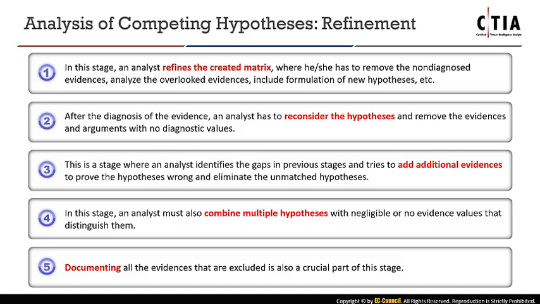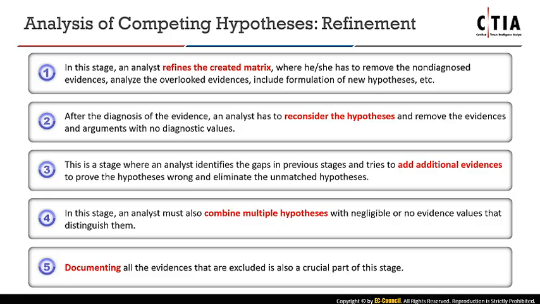So again, we're going through a sifting to get rid of hypotheses that are not going to be working for us. And then stage four, you're going to combine multiple hypotheses with negligible or no evidence values that distinguish them. And then five, you're going to document it.